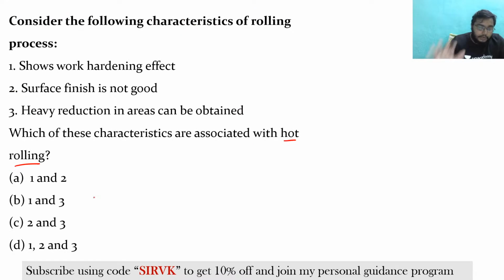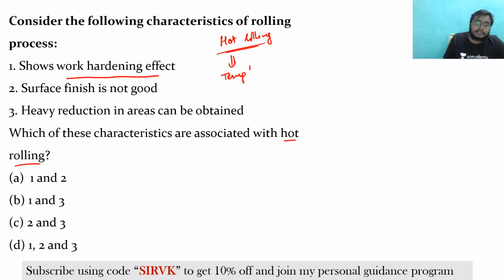Now if you could understand from this, work hardening effect. See, in the hot rolling, what is the problem? That you are increasing the temperature. So when the temperature is increased, residual stress is decreased, residual stress is relieved.